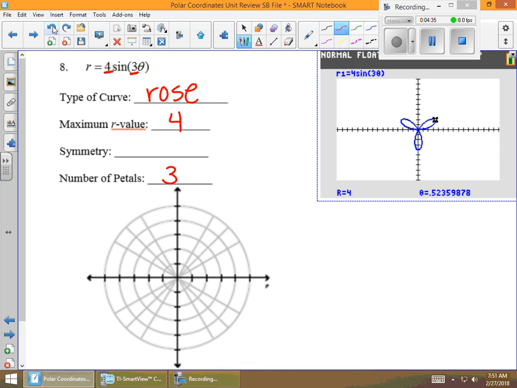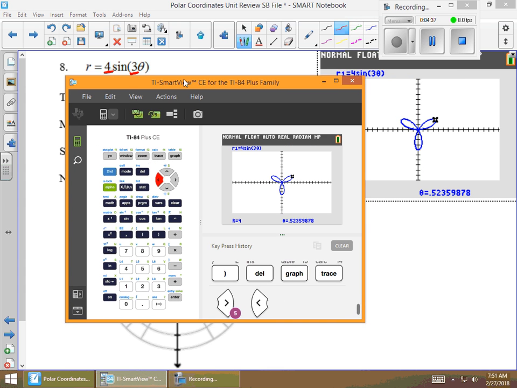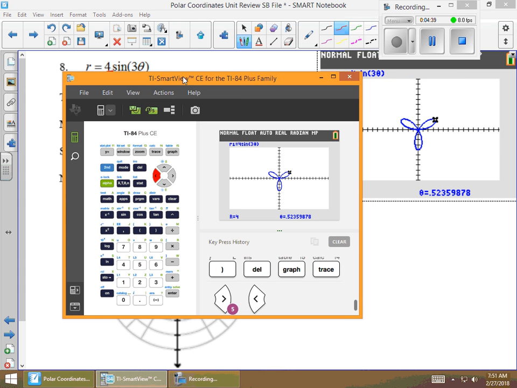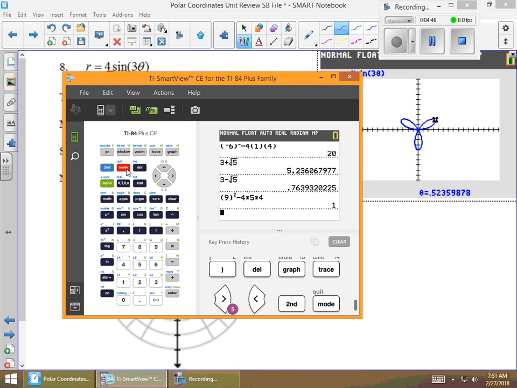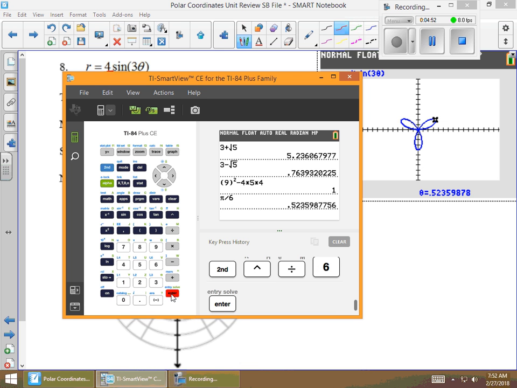The other thing I'm going to check is what 0.5235 is. To me that looks like it's pi over 6. And to double check that that's the decimal approximation, I'm going to put in pi over 6. Pi over 6 is that same decimal approximation, so I know that that's that angle.